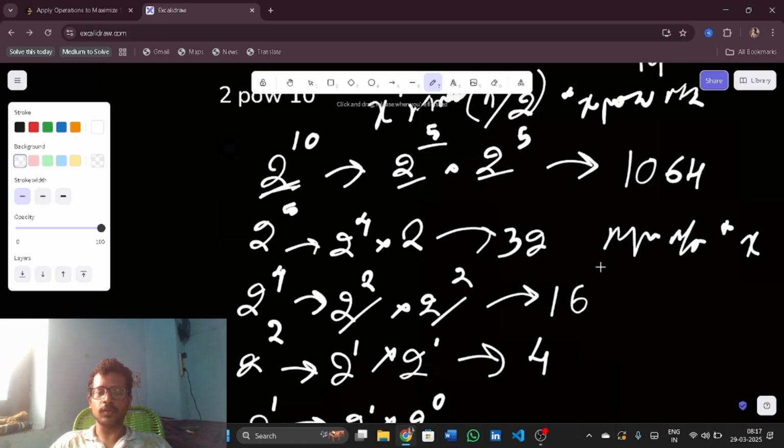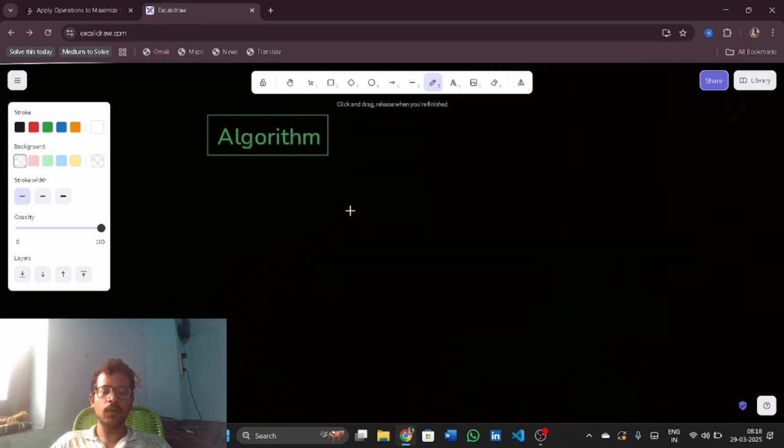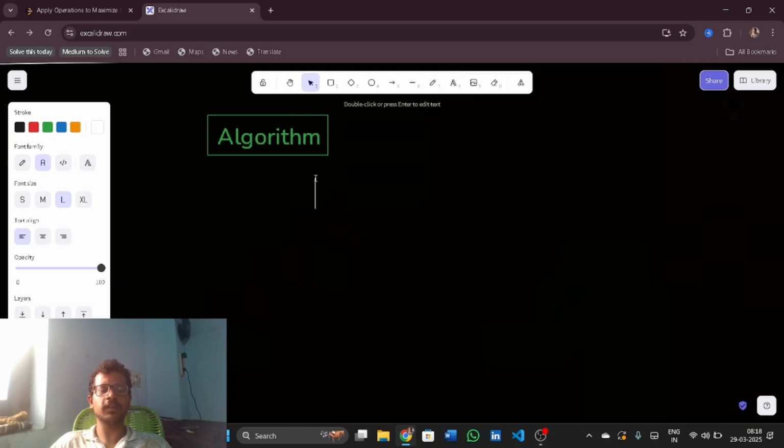This would be the solution for x power n. Now, how do I go through this algorithm? It is quite difficult to understand, but if you keep on watching and do it twice or thrice, then you can easily understand this problem.